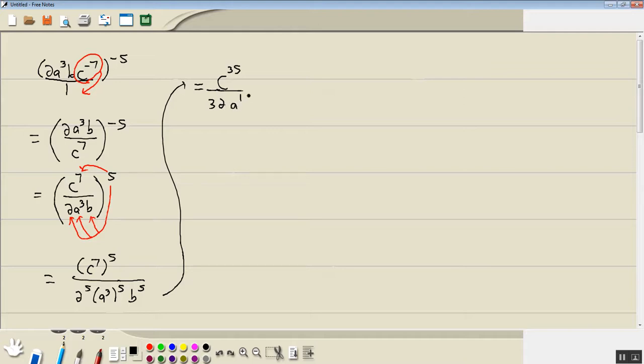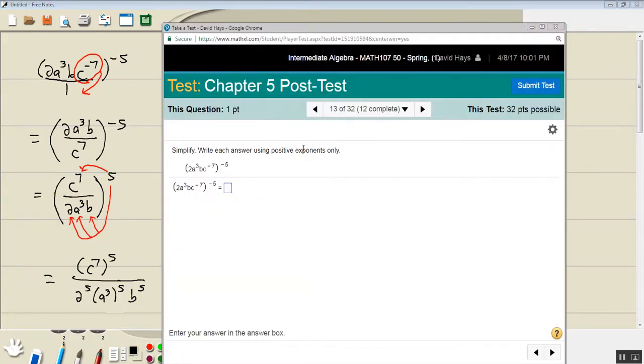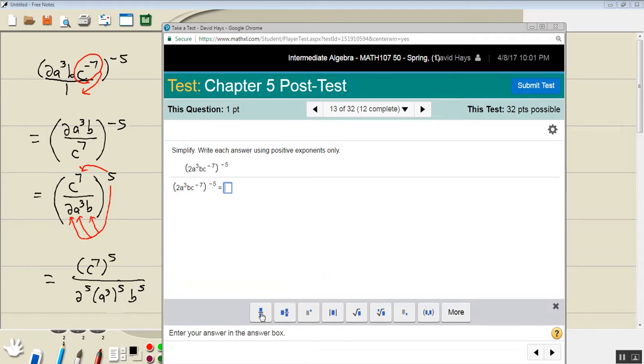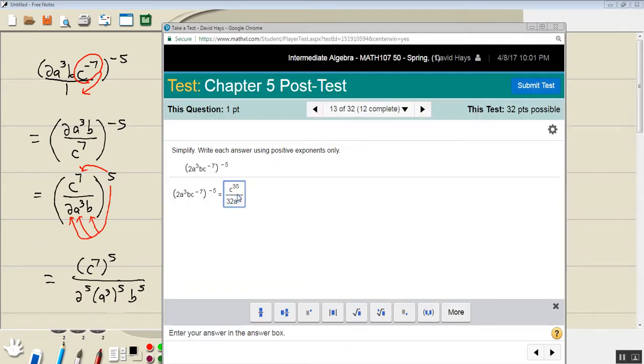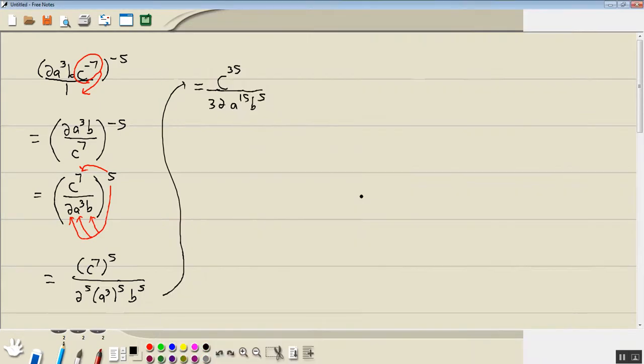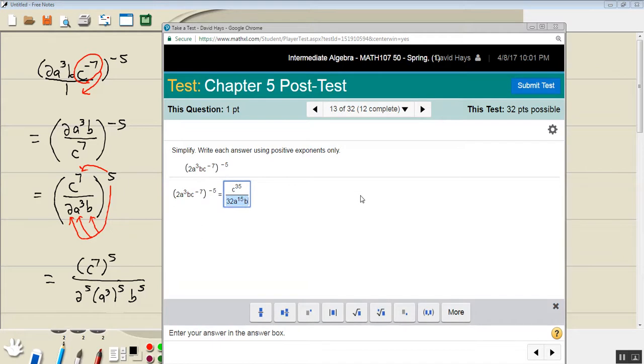A to the 15th, b to the 5th. And that's our answer, as a fraction. Top part, we got c to the 35th. On the bottom, we have 32, a to the 15th, b to the 5th.